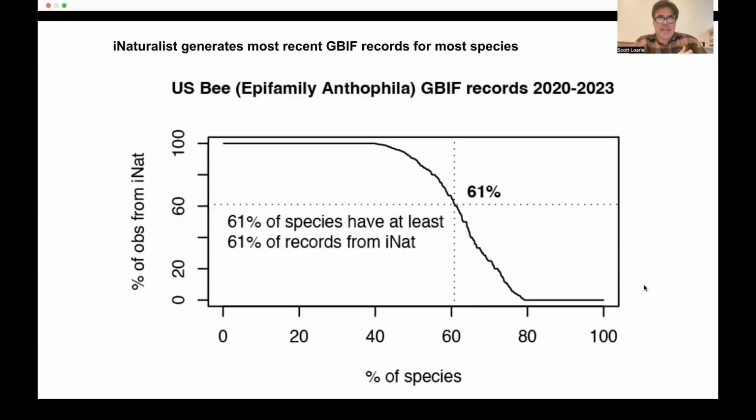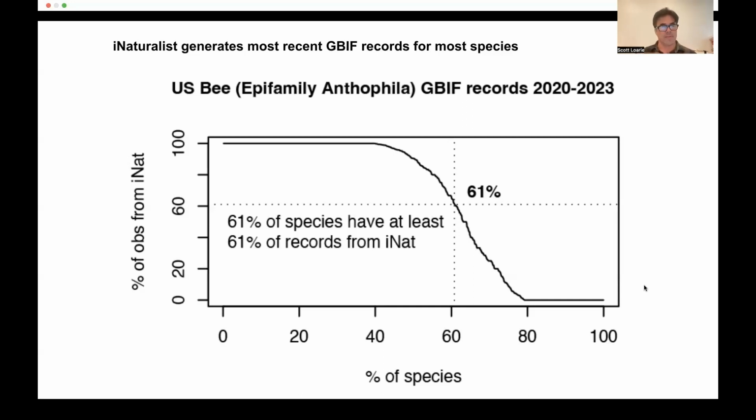And iNaturalist does that. It's contributing significantly to GBIF, both in terms of the number of species and the number of observations per species, so that we can say that most bee species from the United States in the last 3 years, 61%, have most of their data, 61%, from iNaturalist.